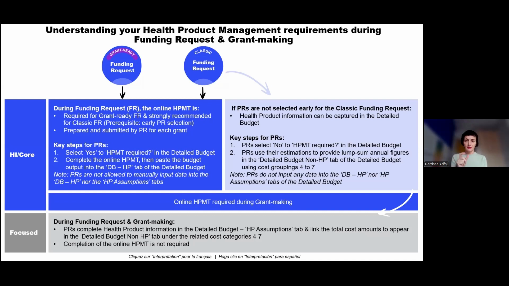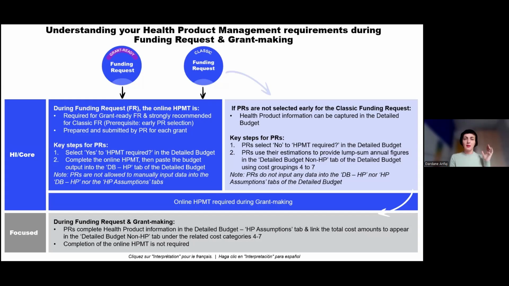So in the interim, they need to go into the non-HP tab and fill the categories for the cost groupings 4 to 7, the lump sum amounts. Now, how are they going to determine the lump sum amounts? They need to use their own forecasting tools that they use regularly, which they will also use to inform the data they are going to use in the HPMT.